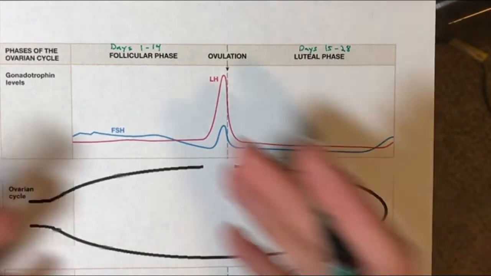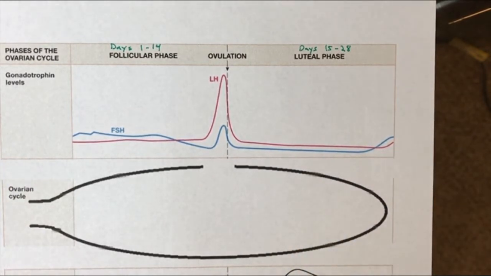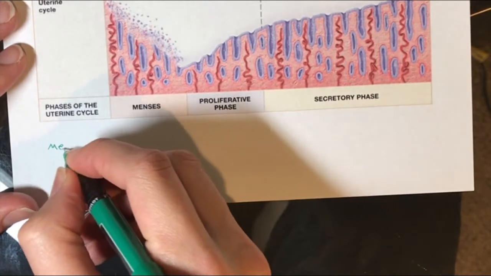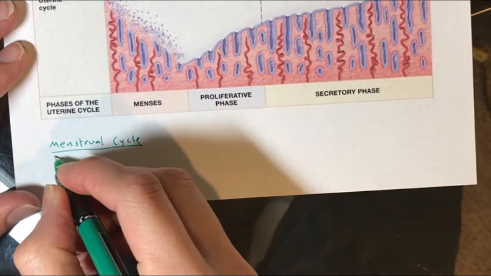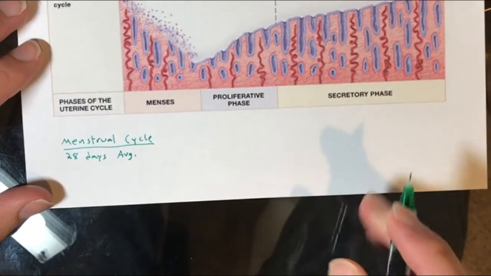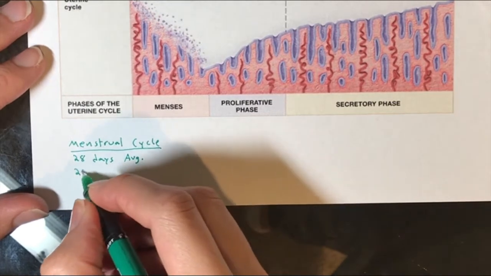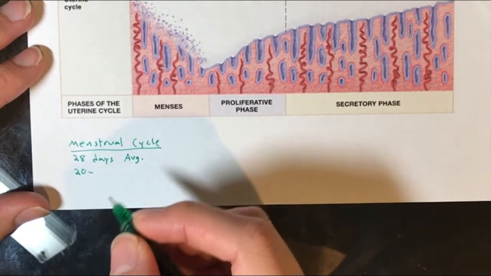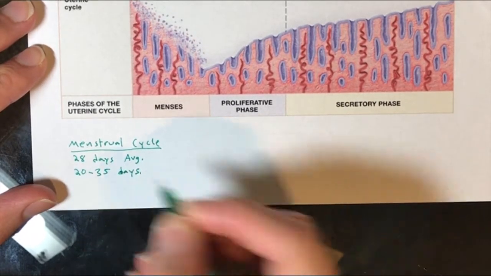So as you can tell here, we're going to be dealing with a menstrual cycle that is a 28-day cycle, which is the average menstrual cycle length. Maybe just a quick note about this down here. So 28 days is going to be the average, but it can vary from, let's say, 20 days to 35 days, just to give you an idea of the range here.